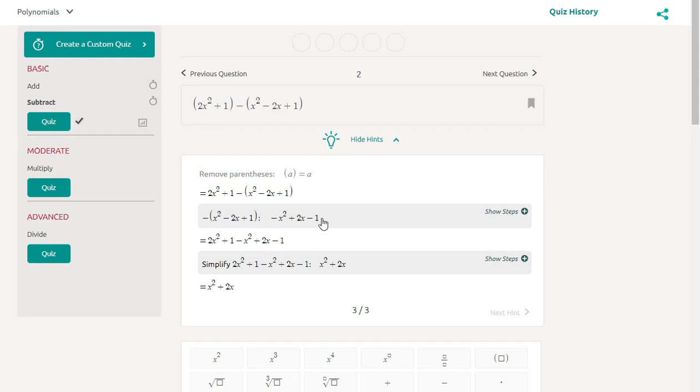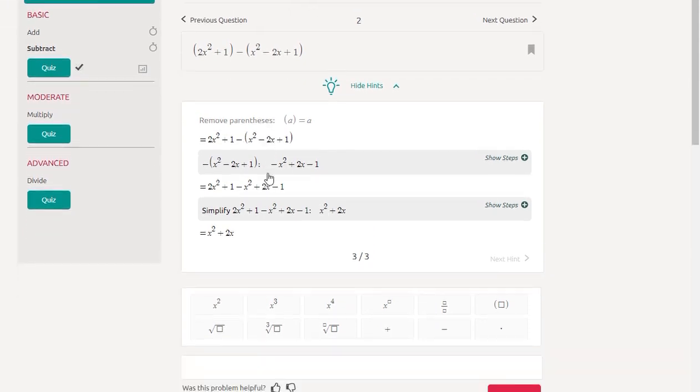So now we open up the brackets over here, and what we have is 2x squared plus 1, and then this whole thing. After we open this up, this negative will multiply inside. We have negative x squared, and negative multiplied with negative 2x becomes positive 2x, and another negative 1.